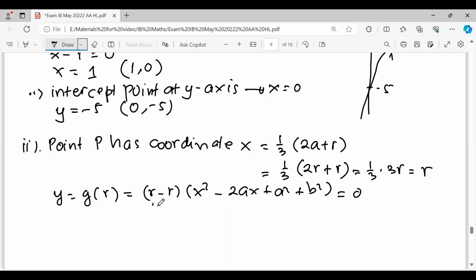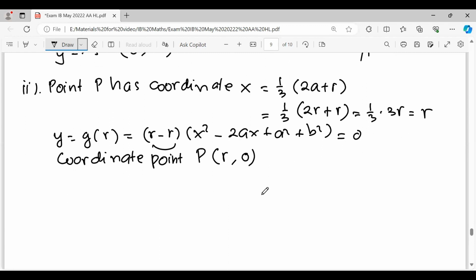Why? Because this is 0. So the coordinate point P is (r, 0).